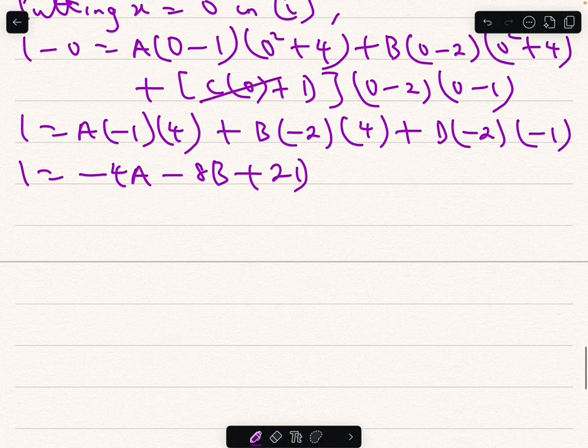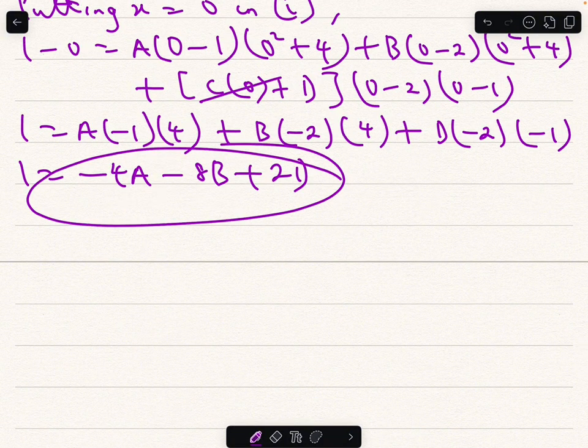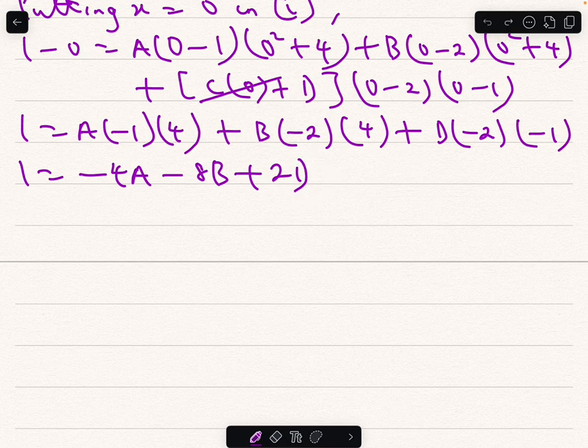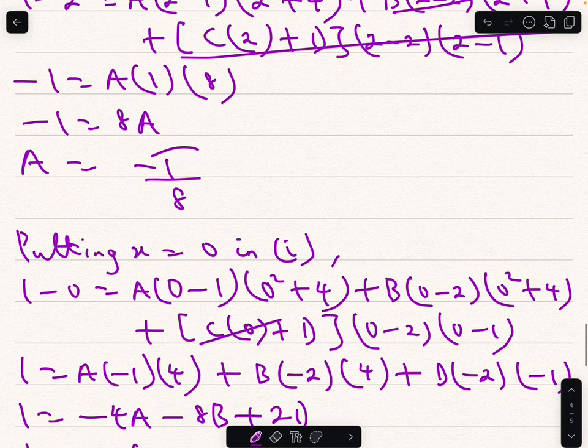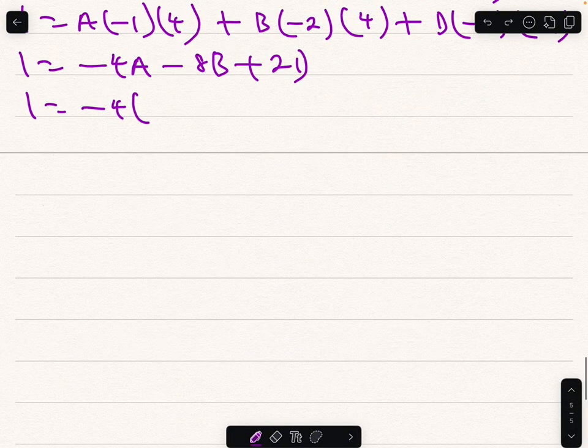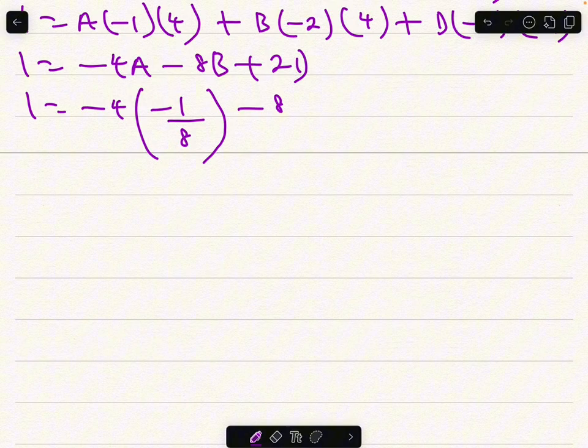Now we already know the values of a and b, so we can substitute them here to get d. So that means 1 equals minus 4 into bracket, what is a? Minus 1 over 8. Minus 4 into bracket minus 1 over 8, minus 8 into bracket 0.